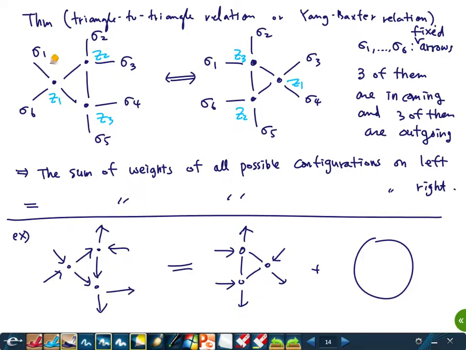How can you show that? You can show this by case analysis. How many possible orientations are there for sigmas? We must have 3 incoming and 3 outgoing. So among 6, we have to decide 3 incoming edges. This is 20. There are 20 things that you need to check.